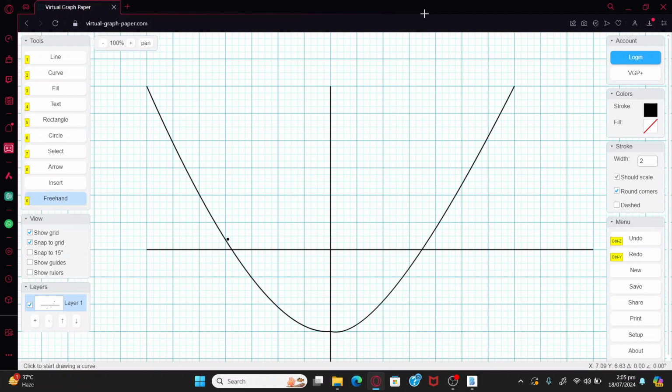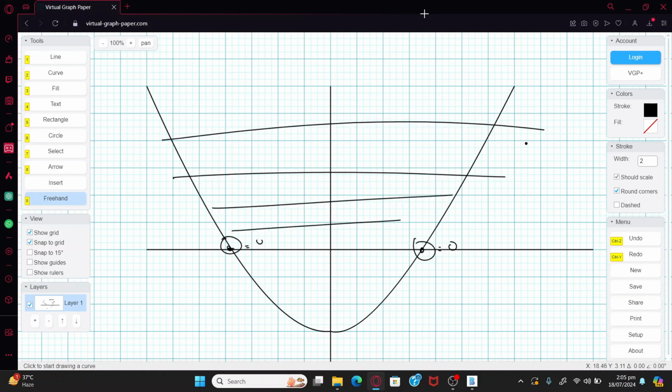Let me use the freehand tool. At this point, our graph is equal to 0, and so on for this point, this is equal to 0. And whatever is above the x-axis, these points are all greater than 0.